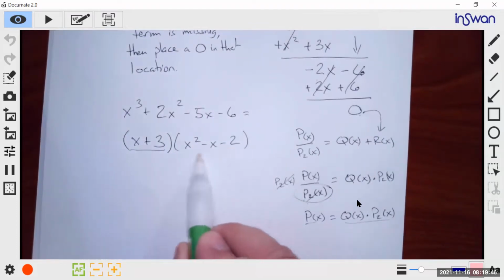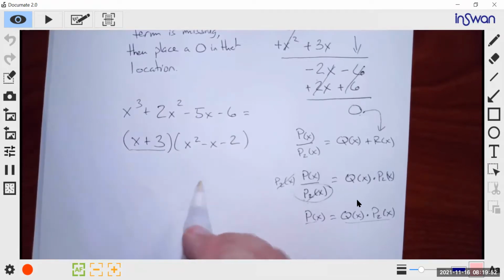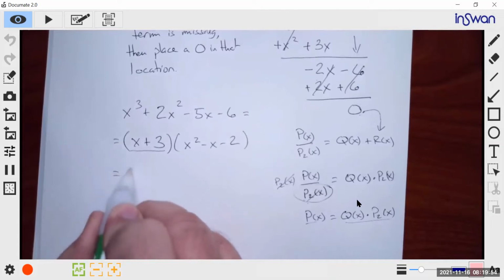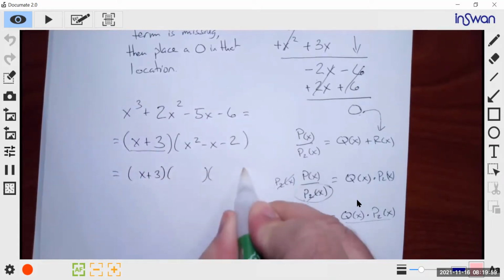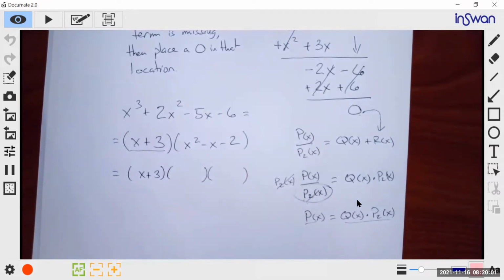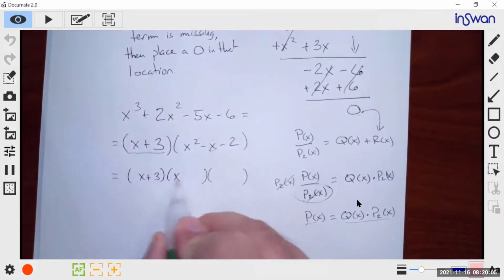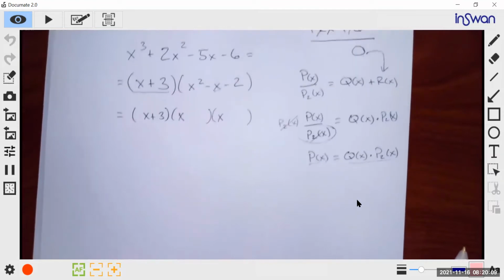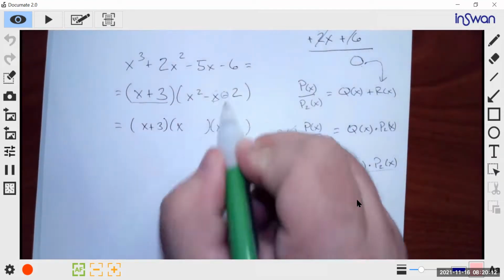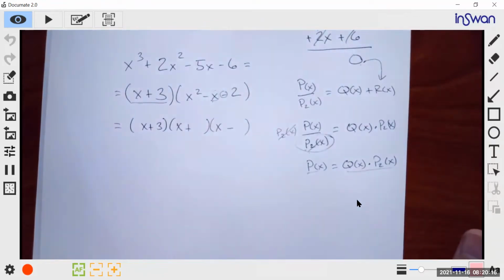Look at this. It's a quadratic equation. Can we factor that? Look at the middle term. That's x. That goes in the first spaces. The second sign's a minus. That says it's different. One's plus and one's minus.